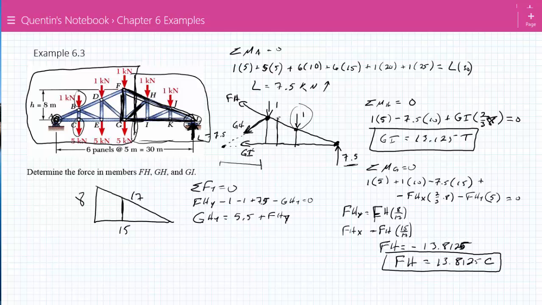Quite frankly, I have to admit I made this mistake when I was working this out in advance. FH in Y is FH times 8/17. So FH in Y, we looked at it right here, gives you 6.5.